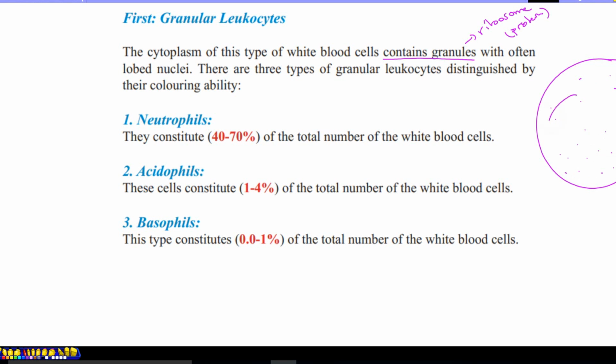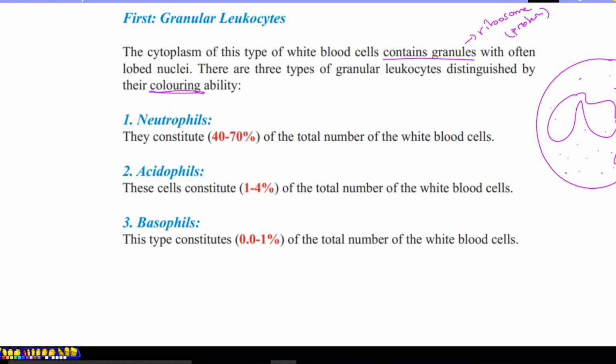They often have lobed nuclei, maybe 2 lobes or 3 lobes. There are 3 types of granular leukocytes distinguished by their coloring. Mainly, animal cells to be observed under the microscope are colored by special chemical substances.